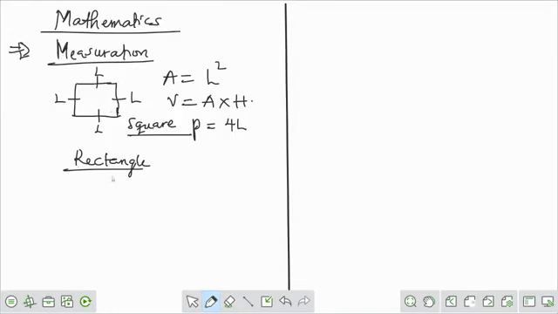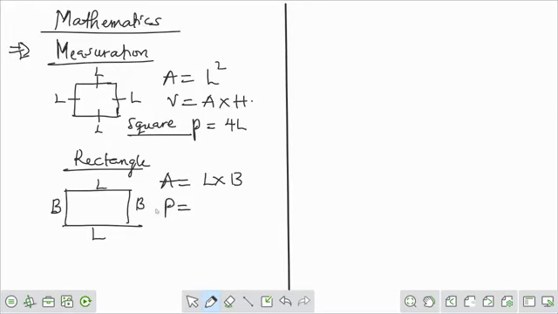So this is a rectangle, right? We have the length and we have the breadth. Now the area of a rectangle is length times breadth. The perimeter is just add everything together. That is 2L plus 2B. That's just it.